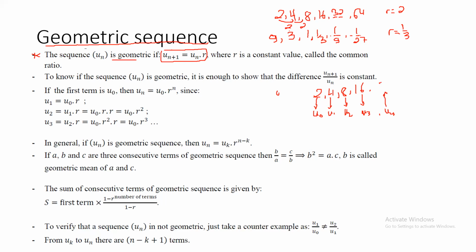How much is U4? It is U3 times 2, which is 32.